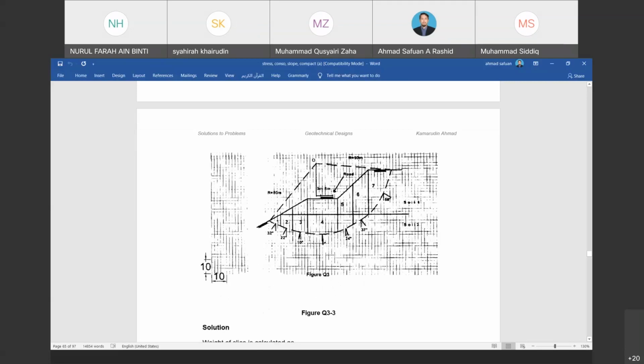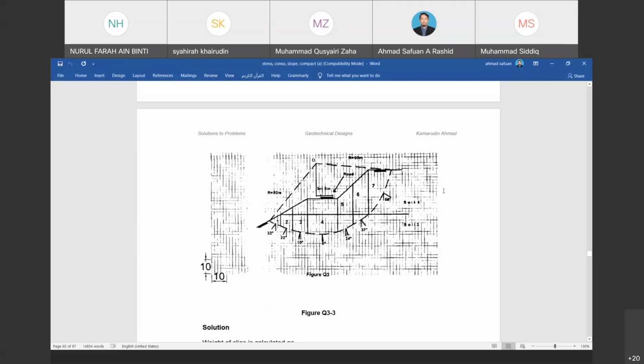The second thing, when we want to divide into several slices, we need to make sure that the slip surface for every slice only contains one type of soil. You must understand this well. For this case, we have two types of soil, soil number 1 and soil number 2.